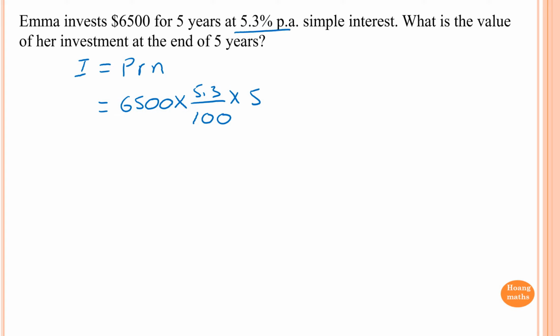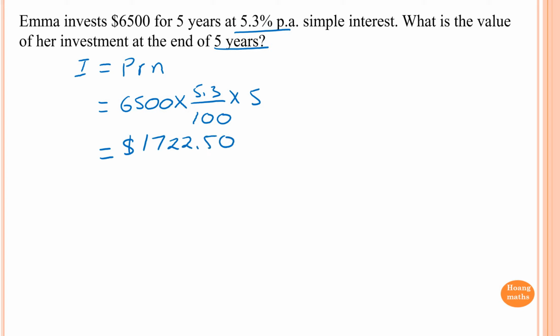Because this is per year and this is 5 years, you don't have to convert anything. So that is how you calculate the interest. From the calculator, the answer is $1,722.50. Okay, that's the interest.